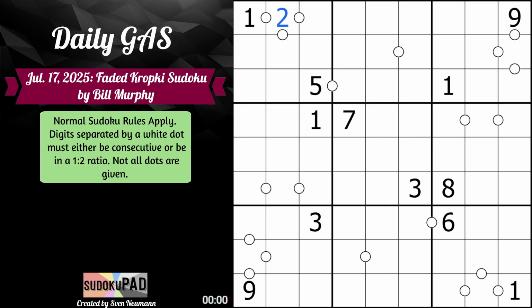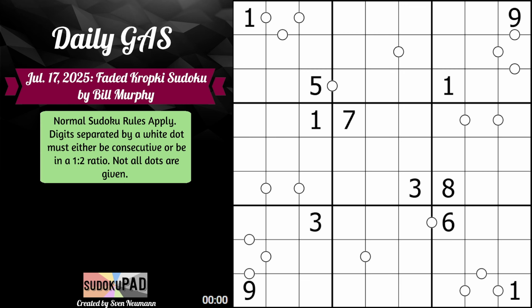I normally go through this: our consecutive sets would be like 1, 2, 2, 3, 3, 4, and so on up the line to 8, 9. And our 1 to 2 ratios are 1 to 2, 2 to 4, 4 to 8, and 3 to 6, where 5, 7, and 9 will never find themselves on a black dot because 5, 7, 9, when multiplied or divided by 2, do not yield normal Sudoku digits.